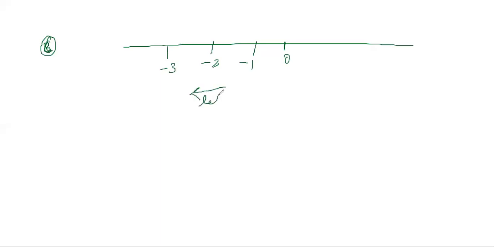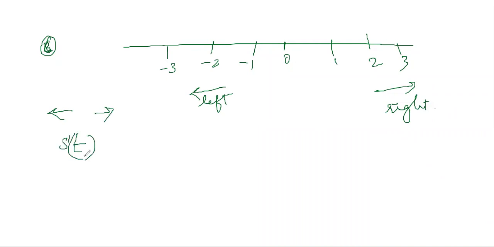Going this side means moving left, and this side means moving right. They're asking whether the object is moving left or right, so what you have to do is take the derivative of the given function. What we got was 12t, t minus 3 and t minus 7, right?